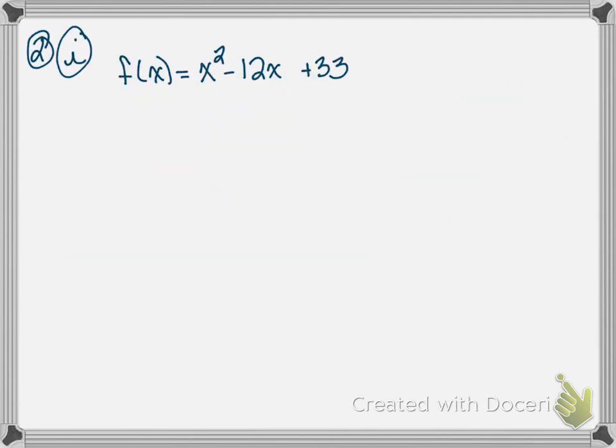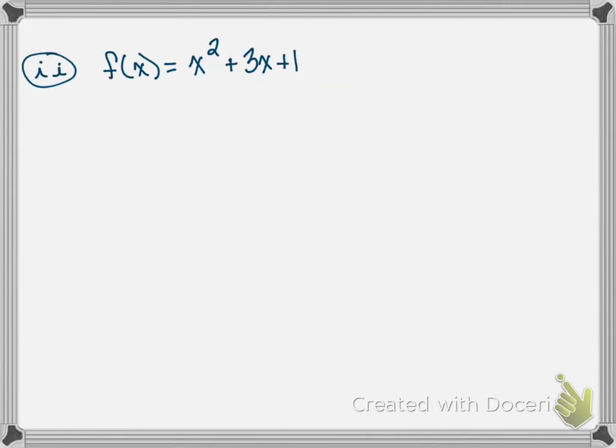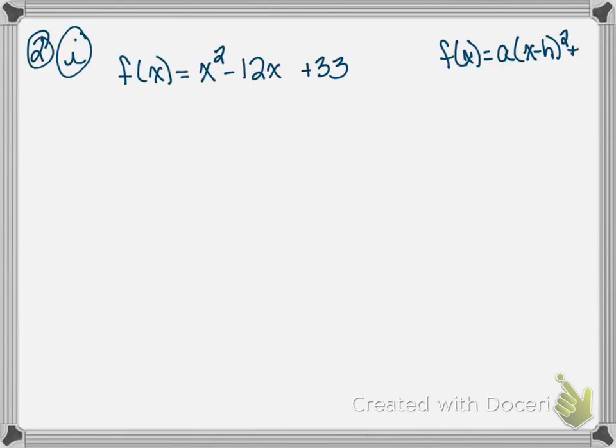The directions for number 2 say, put the given formula for the parabola in standard form. And again, this book is using standard form, f of x equals a times x minus h squared plus k. That also can be referred to as the vertex form. Okay, and so that's the form that we're getting it into.